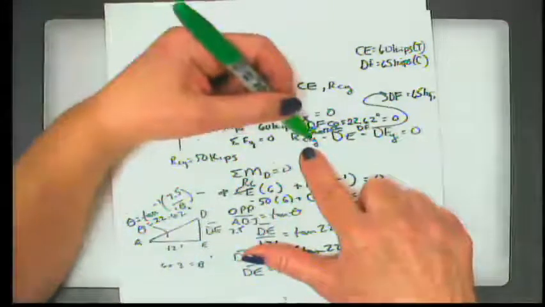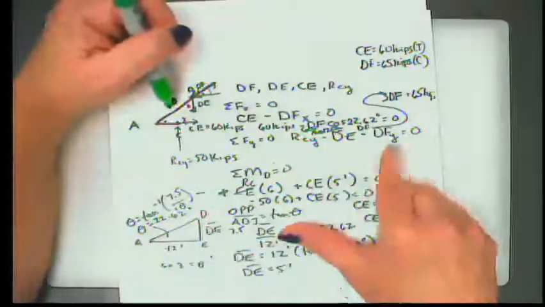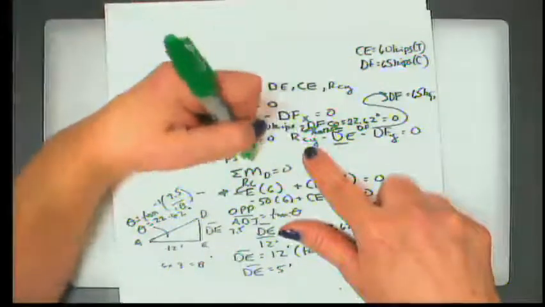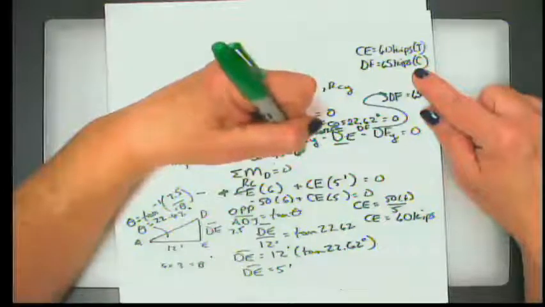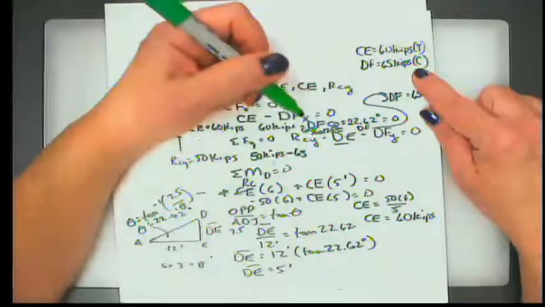So I can see then that I can solve for DE as a purely vertical force by using this equation. So I can see R sub CY, which is 50 kips, minus D sub E, which is 60.